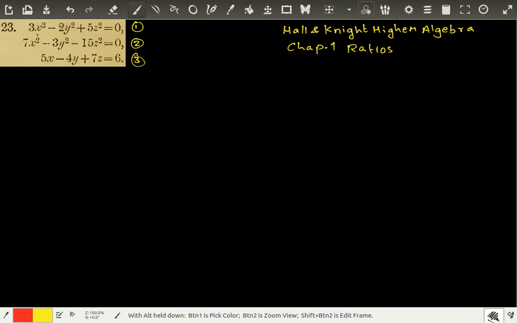But this time we have been given two equations which are in terms of x square, y square and z square, and one equation in terms of x, y and z. So for finding x, y and z, we cannot use equation 1 and 3 directly or equation 2 and 3 directly, because the order of x, y and z are different in equation 3 from that in 1 and 2.